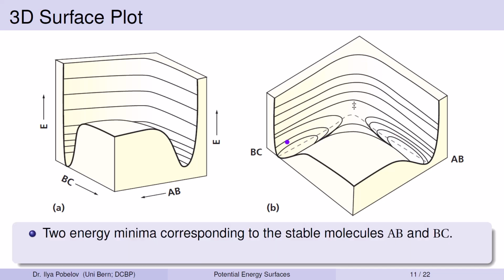Two distinct energy minima corresponding to the stable diatomic molecules AB and BC are visible in the surface.